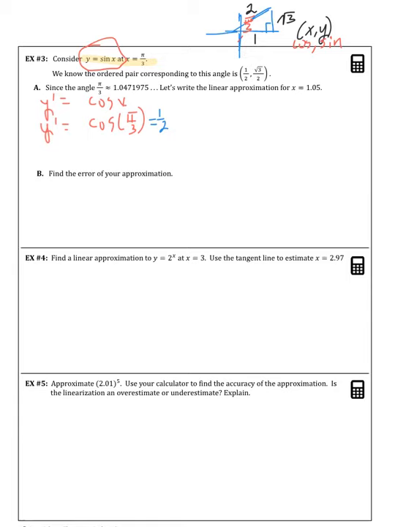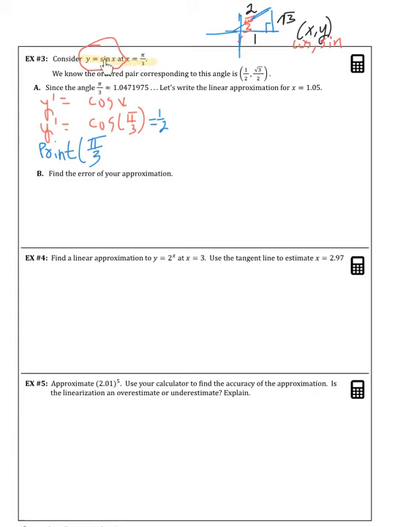So now we have the slope of our tangent line. We need our ordered pair. To get our ordered pair, we're going to use the original function that they gave us. For your point, you have to use the original function. The x value that they gave us for our point is pi over 3. We are going to substitute that into this function.